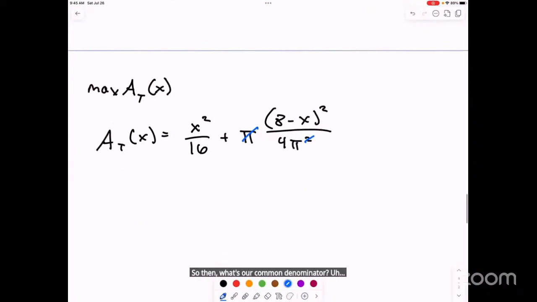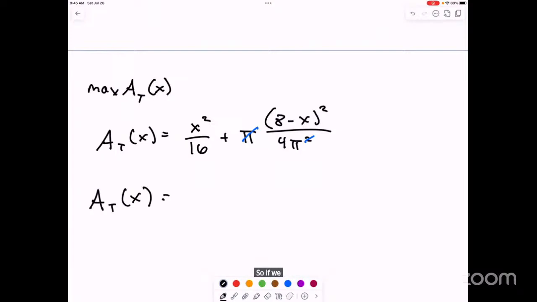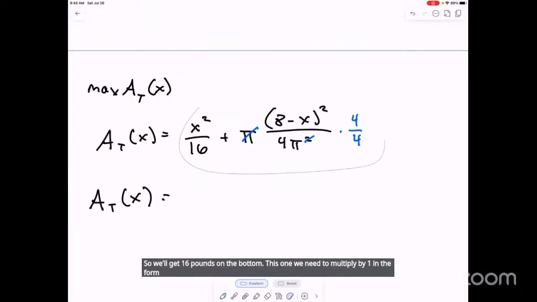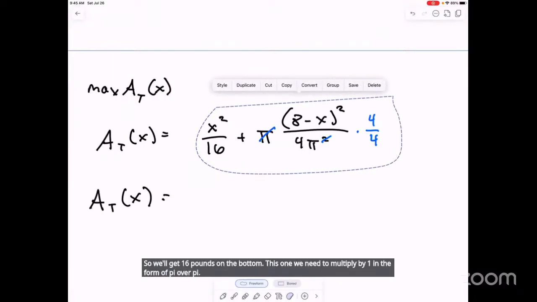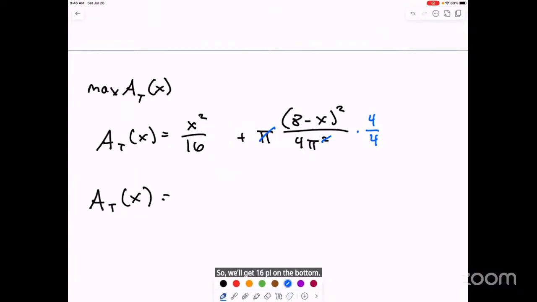The total area in terms of x. This first term needs a 4, so we multiply by 1 in the form of 4 over 4, and we get 16 pi on the bottom. The other one we multiply by 1 in the form of pi over pi, so we get 16 pi on the bottom.